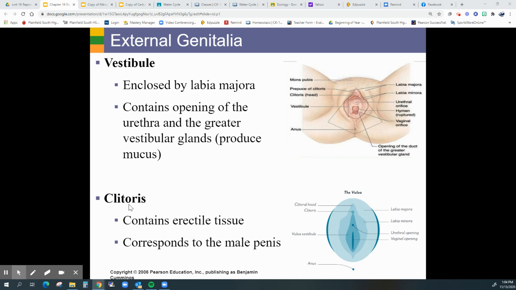That would be the clitoris, right? It's erectile tissue, and if there's testosterone present at development, the clitoris turns into a penis. If there isn't testosterone and there's only estrogen present, it turns into a clitoris. All right, so we have to kind of remember that. But that's one of those questions that does show up.